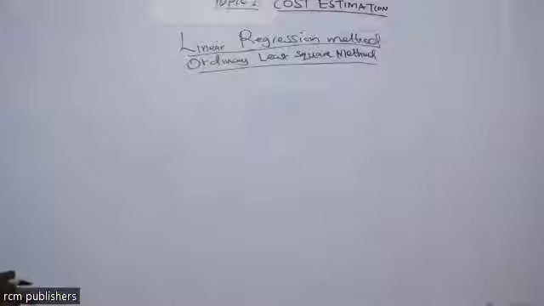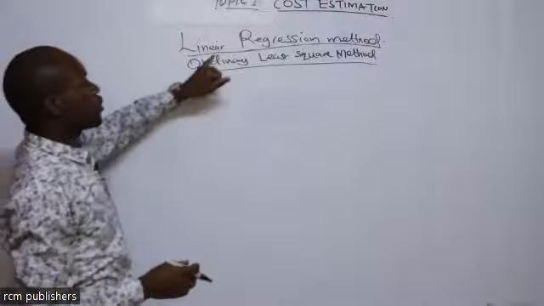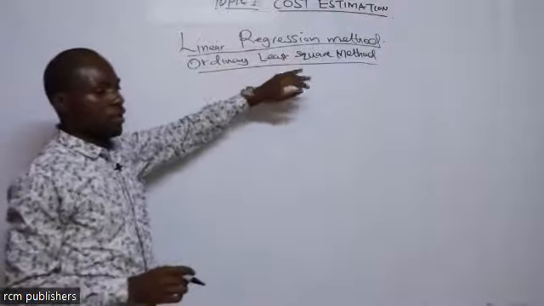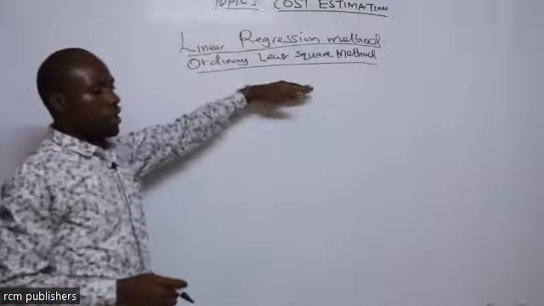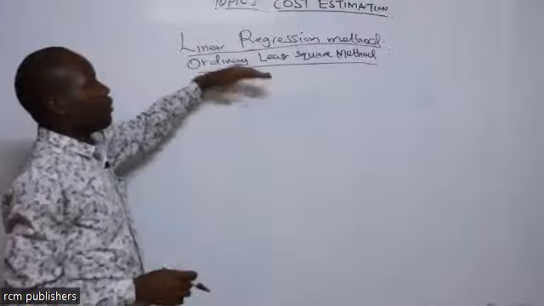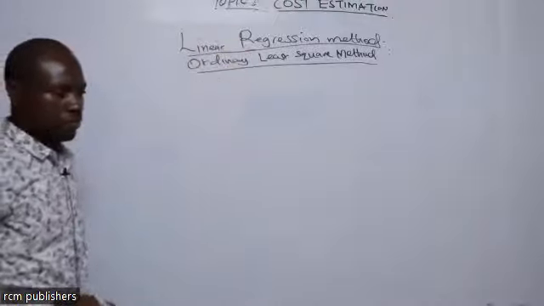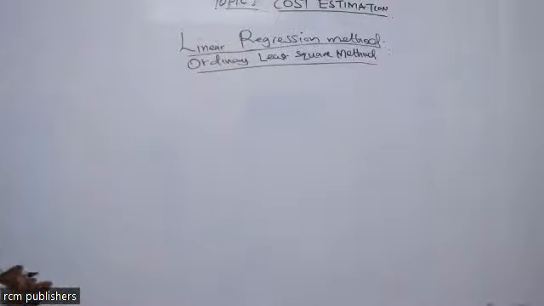So in exams or maybe in class, we've learned about the linear regression method. In exams, the examiner is telling you, use the ordinary least square method to come up with a cost estimate function. So you'll be wondering which method is this? From which topic are they testing this question?